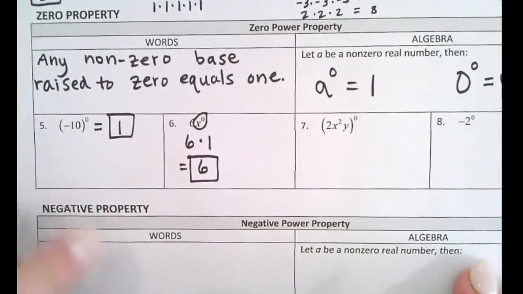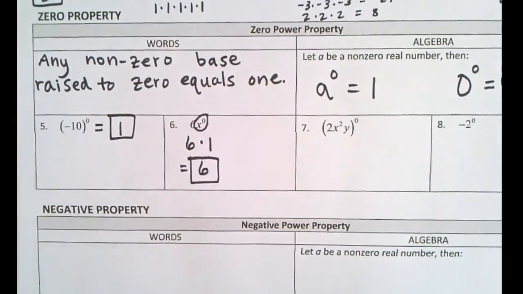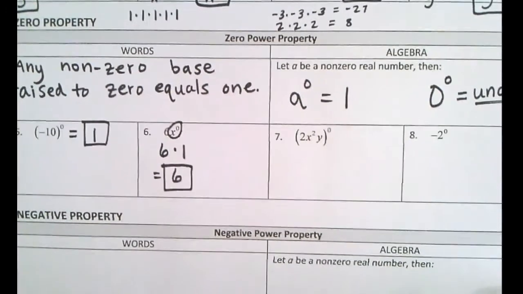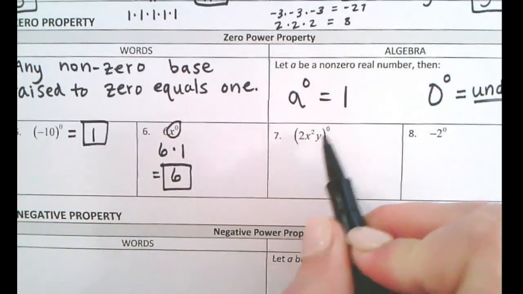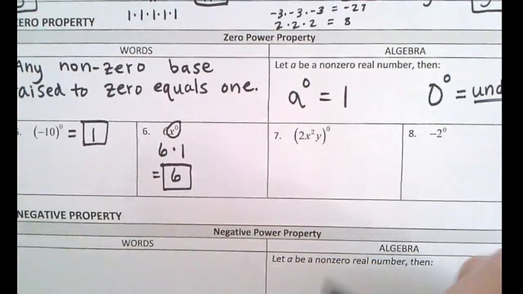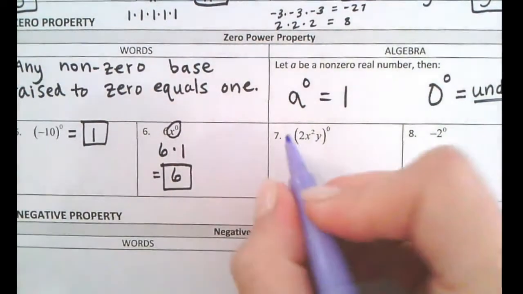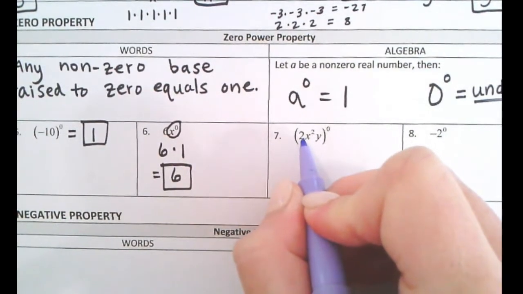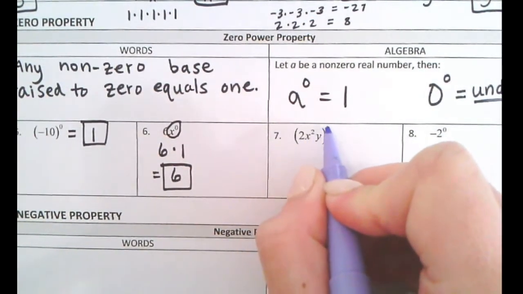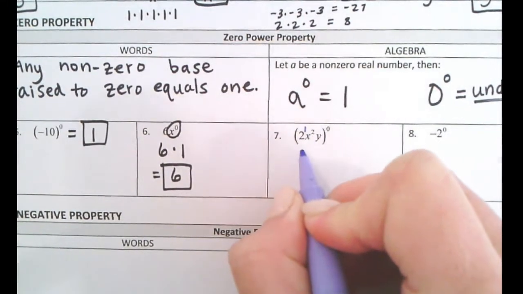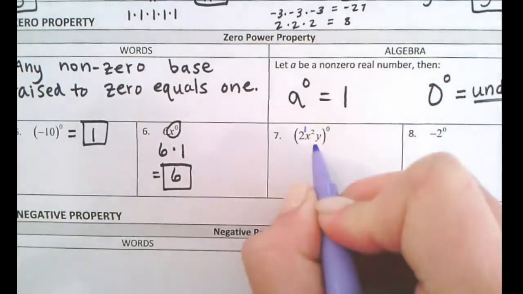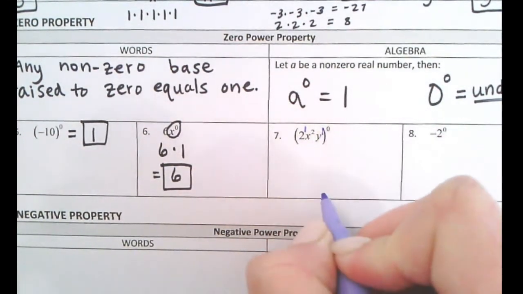Number 7. Oops, I kind of had these mislabeled a little bit. It's actually our third problem: 2x squared y to the 0 power. Now, when you have a problem like this, you can jump straight to what the answer is, but I want to show you why this is equal to what it is. This is actually a power to a product. My 2 has a power of 1, my x has a power of 2, and my y has a power of 1.